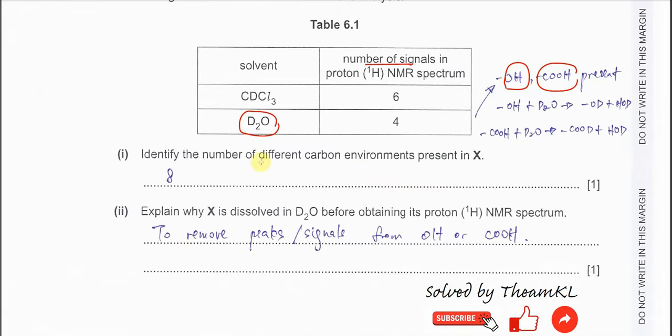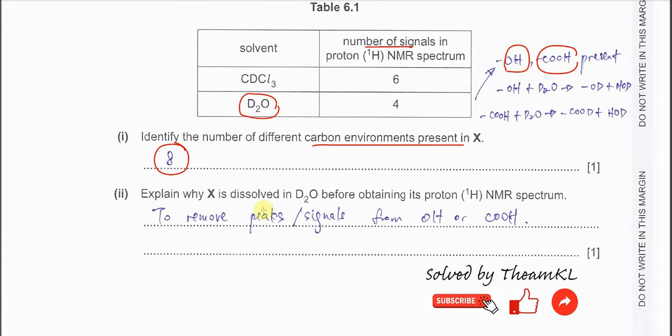Okay, identify the number of different carbon environments in the X. Just now we already counted, the total is 8. 8 carbon environments, because there are 8 signals. Part 2: explain why X is dissolved in D2O before obtaining its proton NMR.